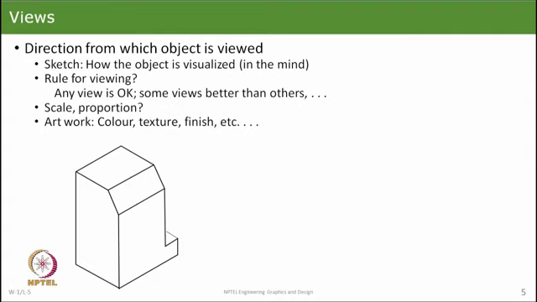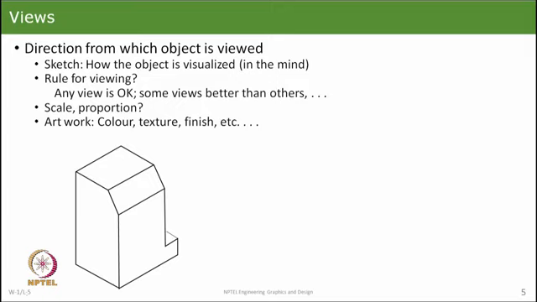So, we are going to present our object as a combination of views. The first technical term that has come out is the word view, and view means how the object looks when we look at it.